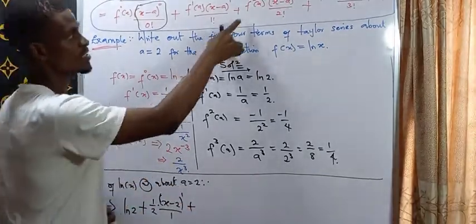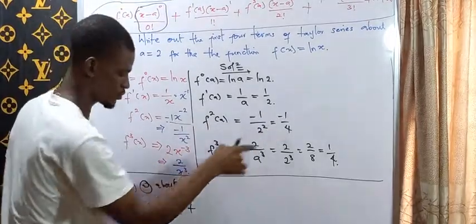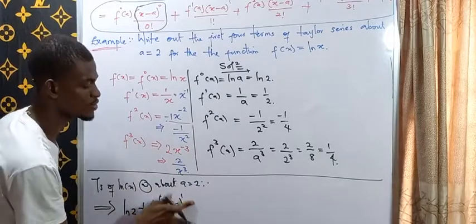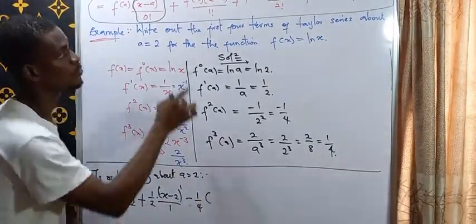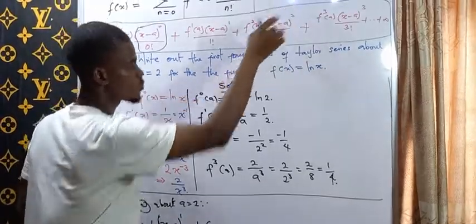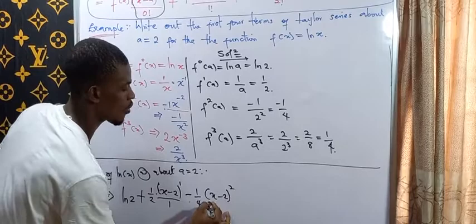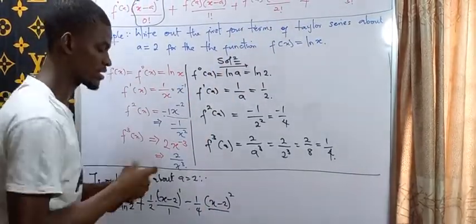Plus the next one is f2 of a. f2 of a is what? Minus 1 over 4. So the minus will affect this plus, because minus times plus is what? Minus. So this will be minus 1 over 4 into (x minus 2) squared over 2 factorial. What is 2 factorial? 2 times 1. That's 2.